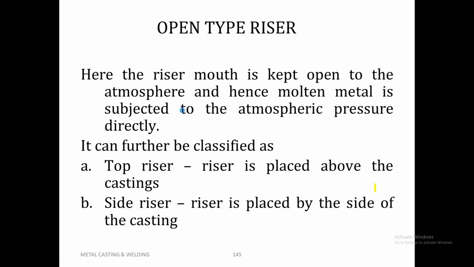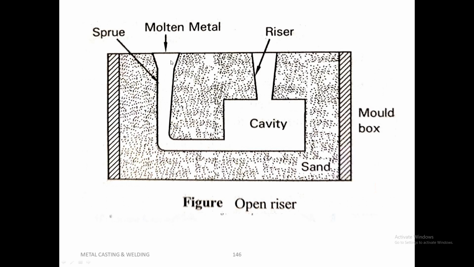So what is an open type of riser? Here the riser is kept open to the atmosphere. This part is open to the atmosphere. An open riser is usually placed on top of a casting or the parting surface of the mold as shown in the figure.